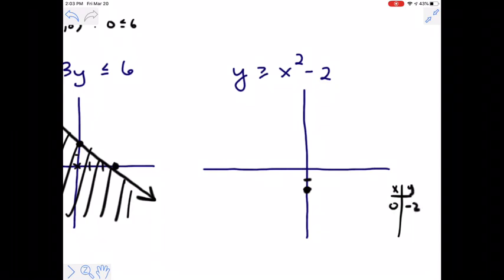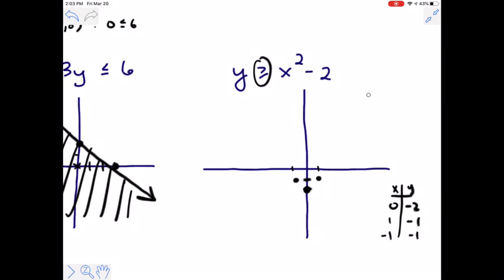There's my vertex. Now we need a couple of other points on the graph to have a better shape of the parabola, so I'm going to plug in a 1 for x. If I plug in a 1 for x, I get 1 minus 2, which is -1. And because of symmetry, I know that -1 is also there.